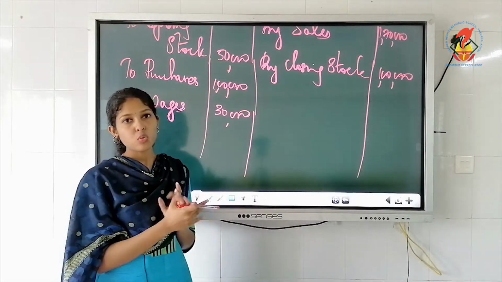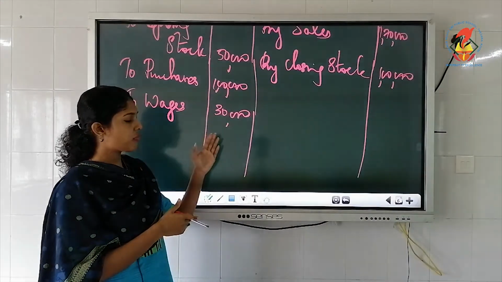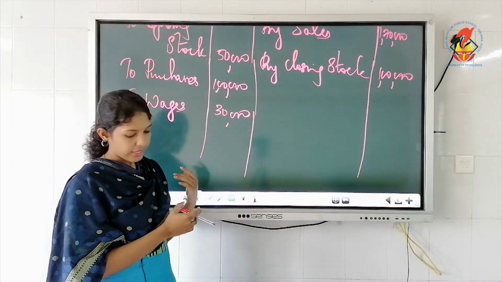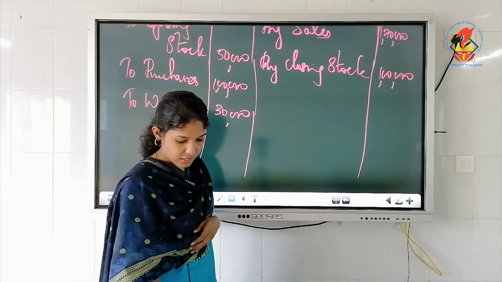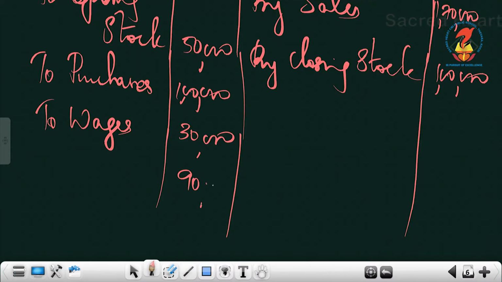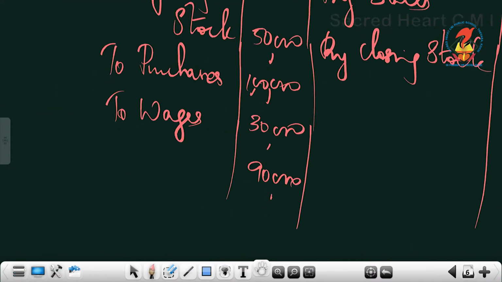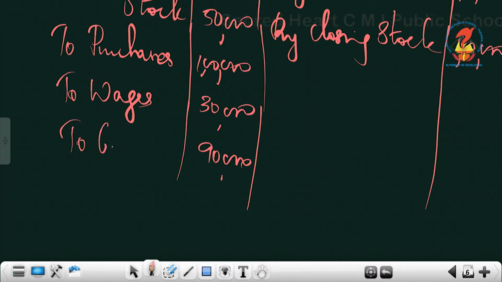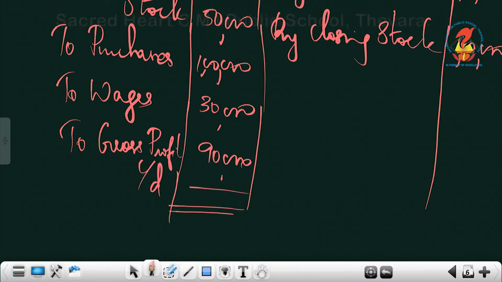The trading account is over because we don't have any direct expense, we have only wages. So now you find the balance; the difference you will get is 90,000 shortage on the debit side. So you write it as to gross profit carried down. Then you write the totals.